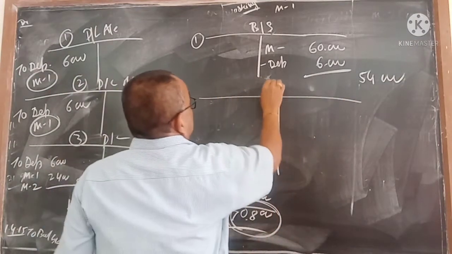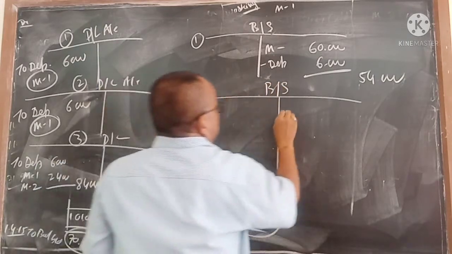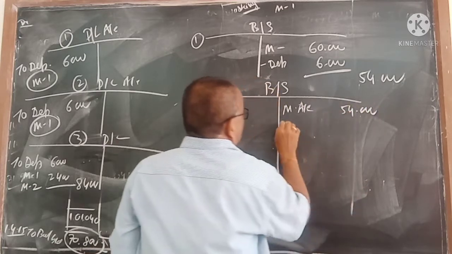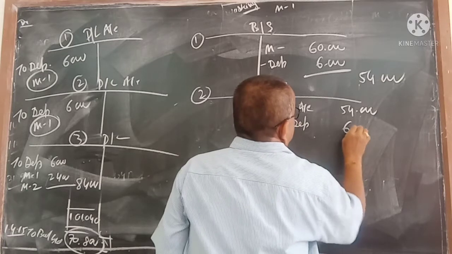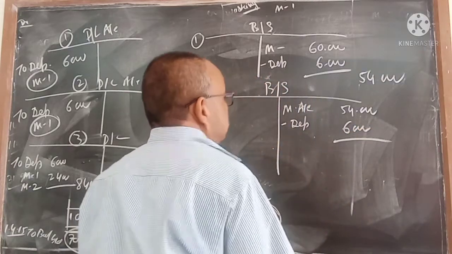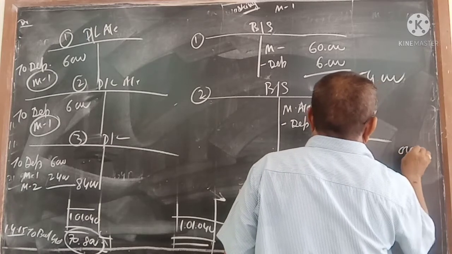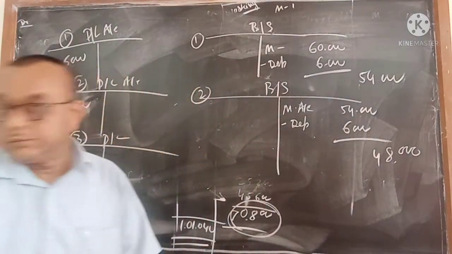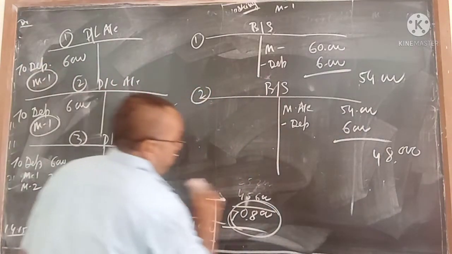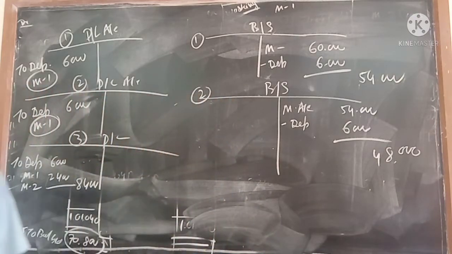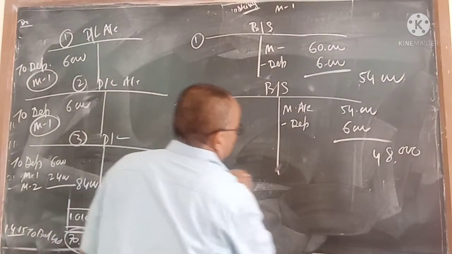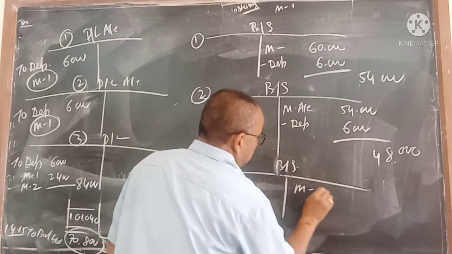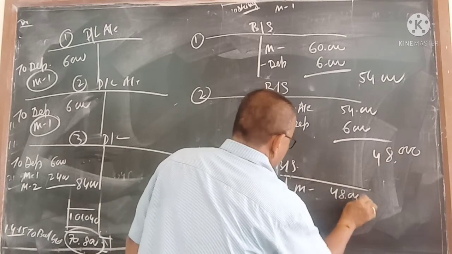Second year balance. How much was the machine account, 54, and how much depreciation was charged, 6,000. Correct. So you get 48. Now third year. Balance. How much was the machine, 48 plus 48.